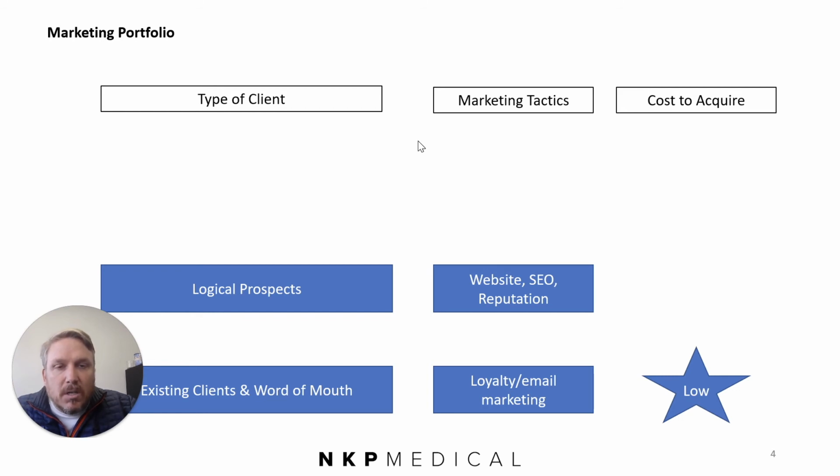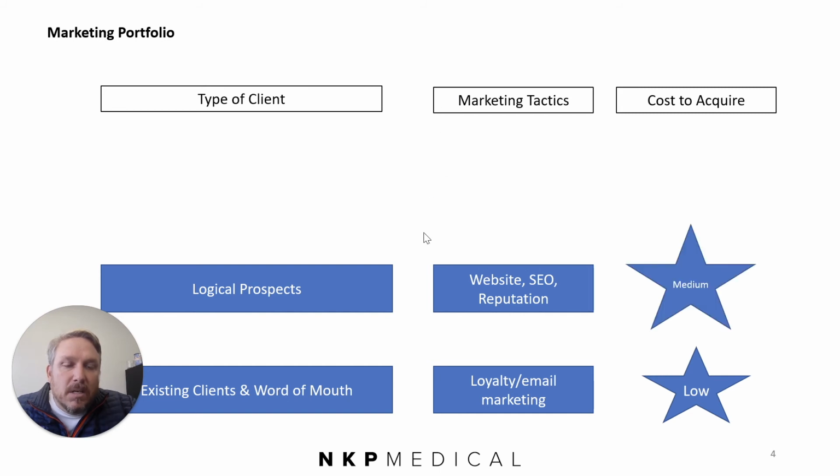And so to market to those logical prospects, things like having a website, and having a website that ranks well for people in that area that are searching for the types of procedures that you do, and then having the support behind it to have good reputation online with reviews and other things like that drive prospects to your website and cause them to convert and call you and become a lead is what's critical to marketing to this group.